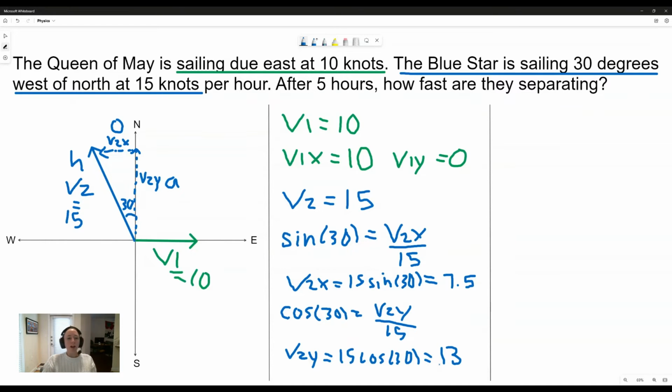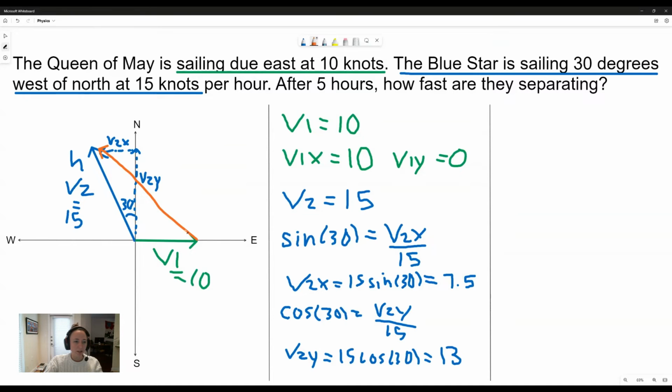Why have we gone through all this effort into breaking up our two vectors into their x and y components? Well, let me show you. When you have two vectors like this, you can find the resulting vector between them, like this.